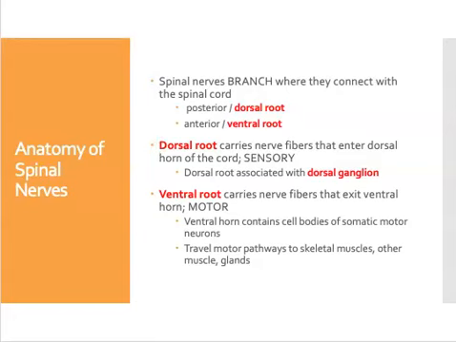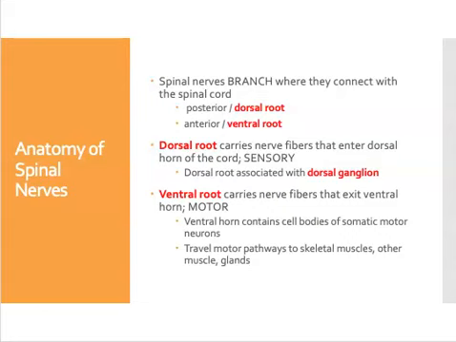Now, there's also a ventral root for each spinal nerve, and the ventral root is carrying nerve fibers that are exiting. These are motor fibers. The dorsal root carries fibers that are entering the dorsal horn, sensory. The ventral root is carrying fibers that are exiting the ventral horn.